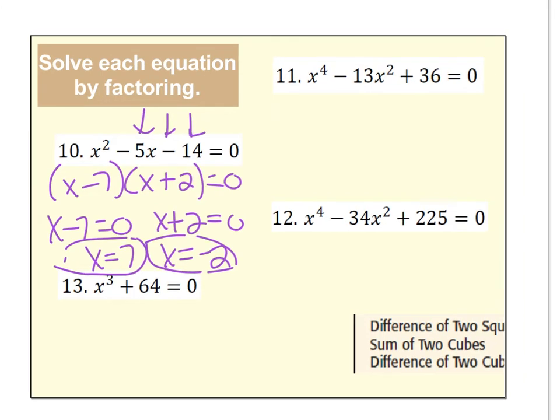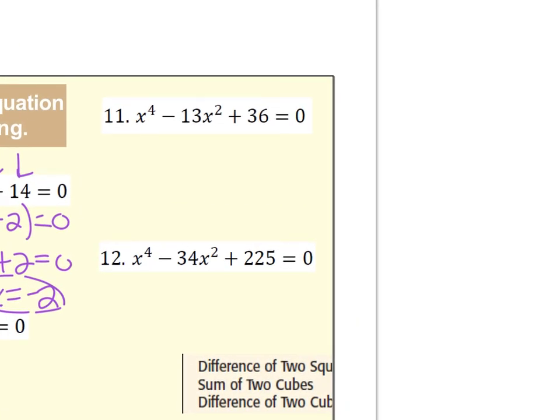All right, for 11, same kind of idea, follow the same kind of rule, but here is what's going to happen. So I get x squared, but what multiplies to 36 and adds up to negative 13? So I'm going to go minus 9, minus 4.